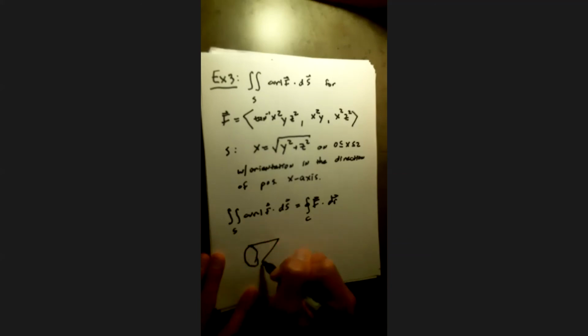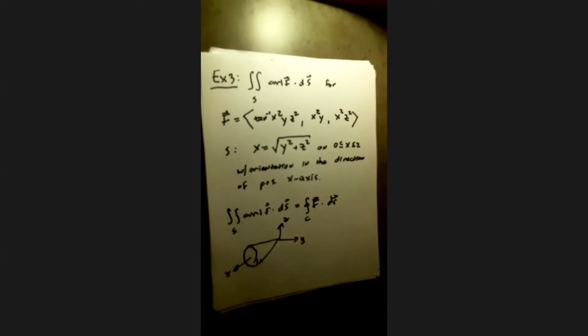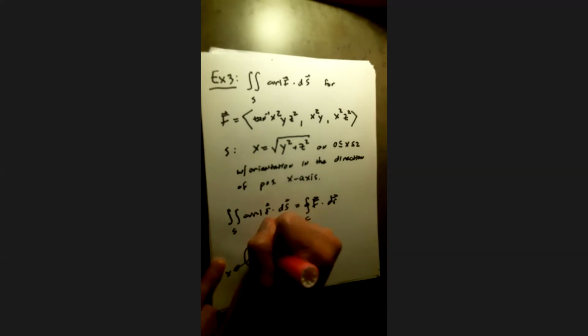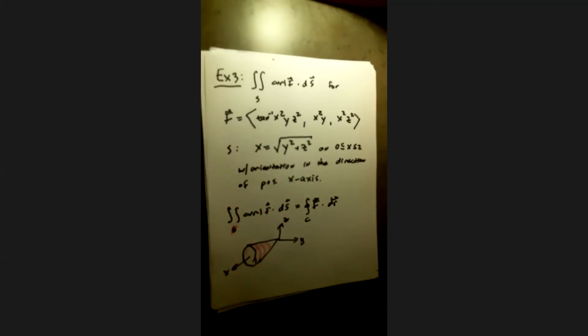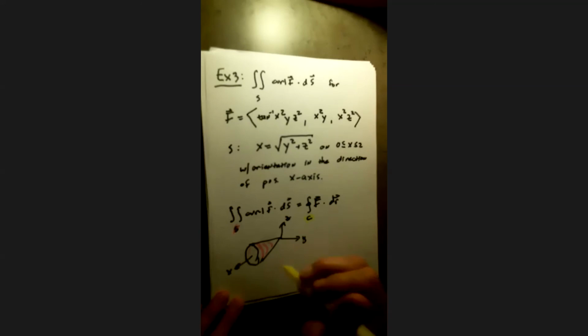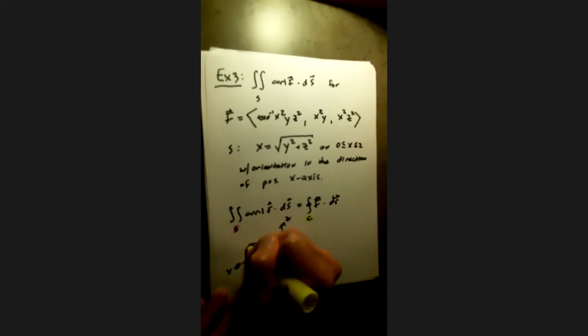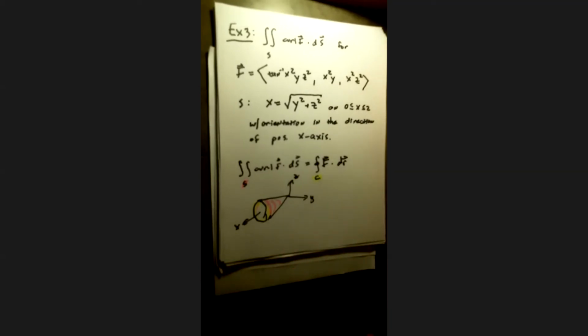It was something like this. Our surface that we were interested in was this one, kind of the outside of the cone. But when we switch over to a line integral, we're just going to be looking at the boundary of the cone. Does the yellow show up? Can you see that? Sure can.